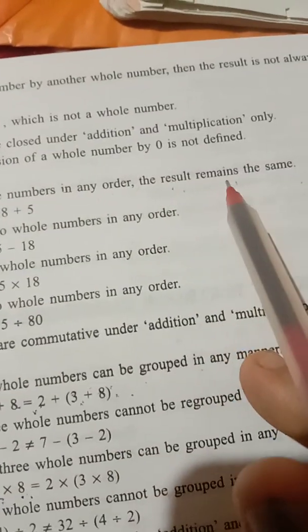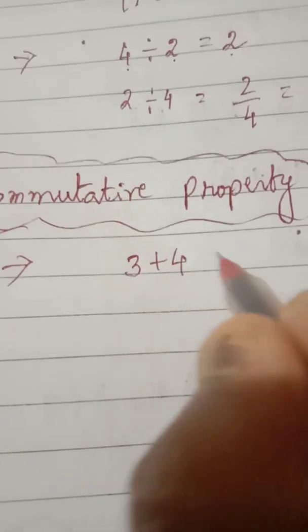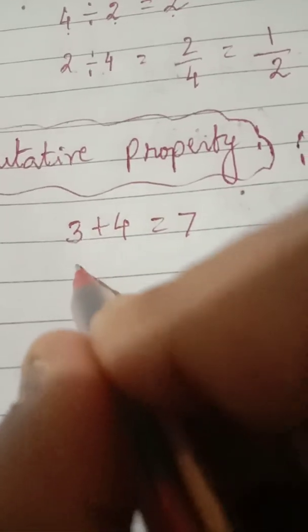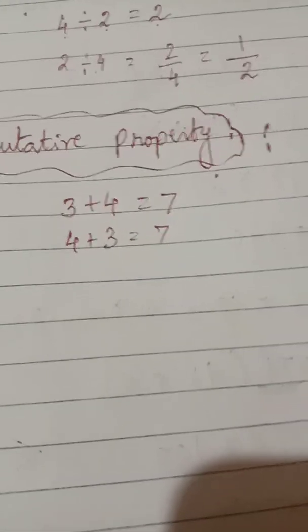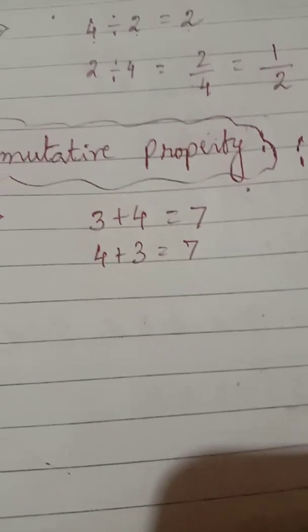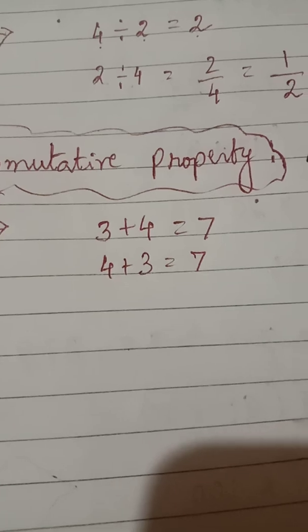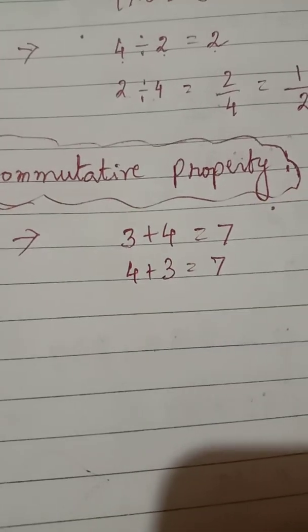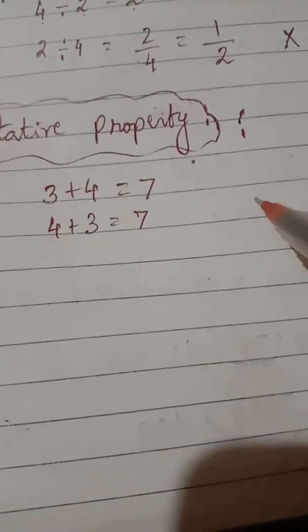The result remains the same. Suppose I write 3 plus 4, both whole numbers, and the answer is a whole number. If I write 4 plus 3, then also I get the answer as it is, that is 7. So if we change the order of the digits, the answer remains the same. That is called the commutative property. Commutative property is applicable for addition.